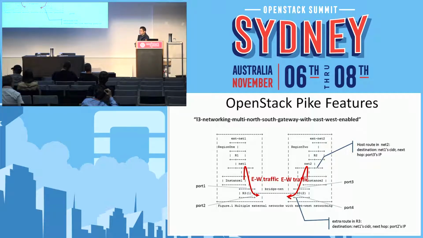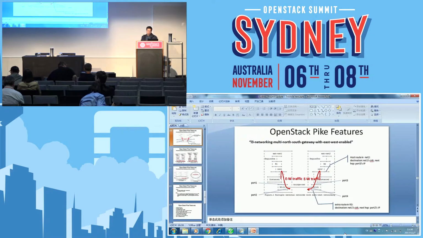But in our deployment, one OpenStack is deployed in one site, so there is no RPC message between different clouds or different sites. All RPC messages are handled inside one cloud, inside one site. Okay, thank you.